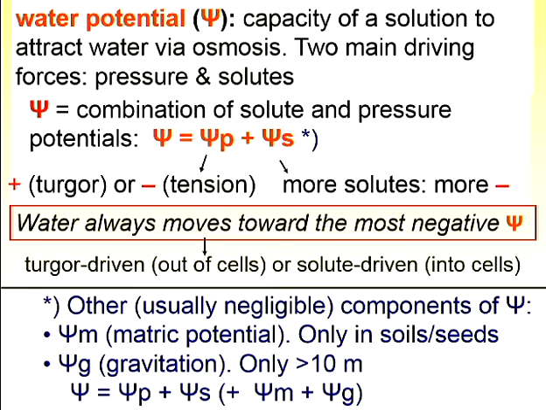This kicks in above 10 meter height, and then it goes up with 0.1 megapascal for every 10 meter. So if you have a 20 meter high tree, about 66 feet, it would be 0.2 megapascal. If you have a 100 meter high redwood, it could be as much as 1 megapascal. So it adds a positive 0.1 megapascal for every 10 meter.